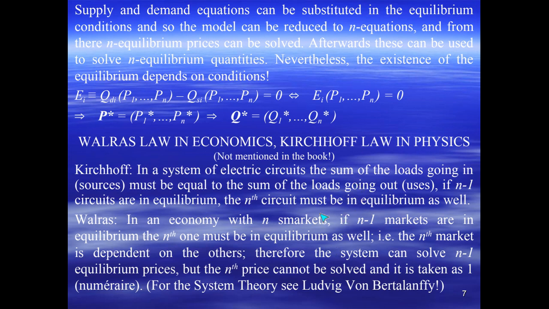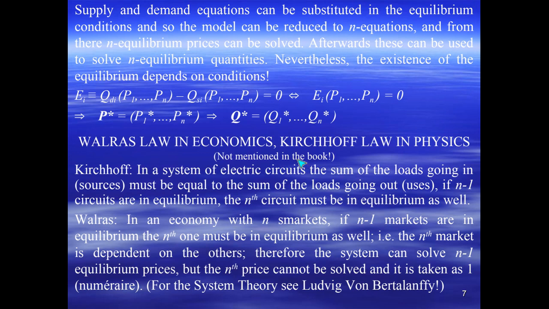One is with electric circuits, the other one with markets. They say the same thing. That's to say, the nth market is dependent on the others. In fact, exactly. Why? Because if n-1 markets or circuits are in equilibrium, the nth one should be in equilibrium as well. So it should depend on the others.